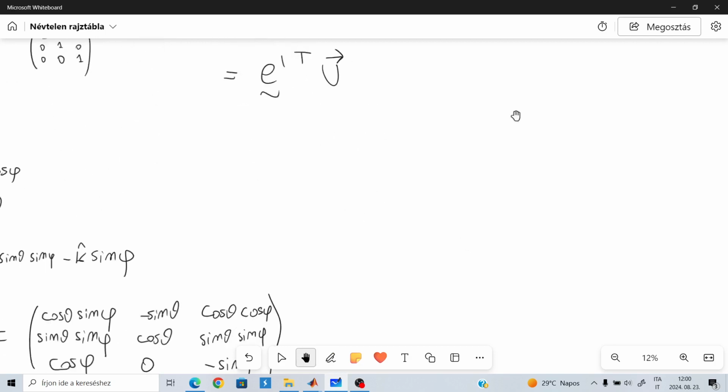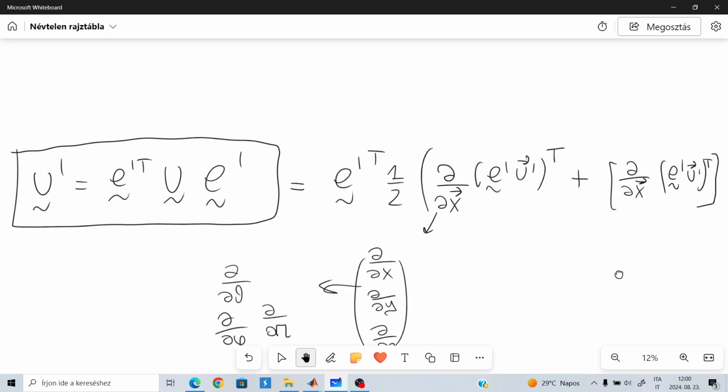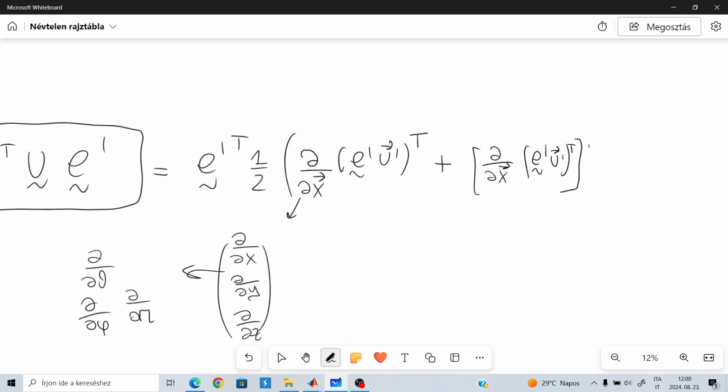So we have E prime U prime, e tilde prime u prime, and we have to take the transpose of this, and then here we have the same thing, d over dx, e tilde prime u prime transpose, and then we have to take the transpose of the overall matrix resulting from this calculation. And finally here we also have e tilde prime, remember that.